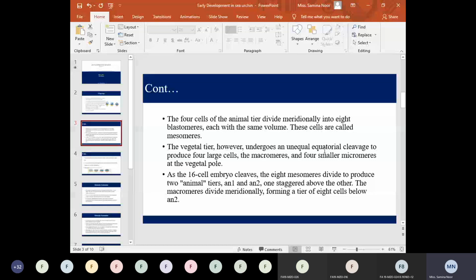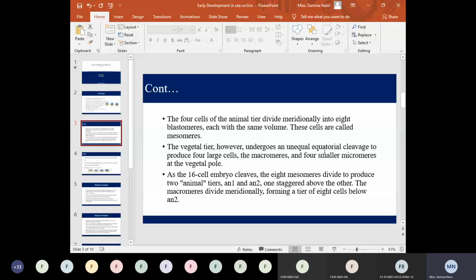As the 16 cell embryo cleaves, the 8 mesomeres divide to produce two animal tiers, AN1 and AN2, one staggered above the other. So when the 16 cell stage comes, the animal half divides and produces two layers of cells, one known as AN1 and the second known as AN2.